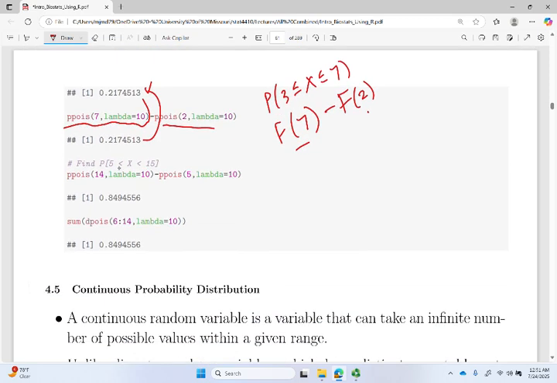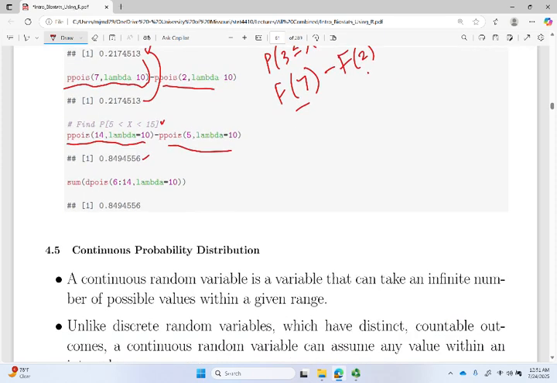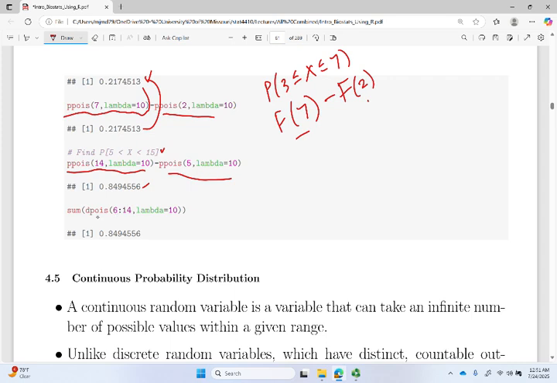Now, to find this probability, that's really 6 to 14, so it's the CDF of 14 minus the CDF at 5, and it's 89%. Of course, we could have used the density of a Poisson from 6 to 14, with lambda 10. So it creates that vector of density values or probabilities. We want to sum it, and of course, we get the same thing.